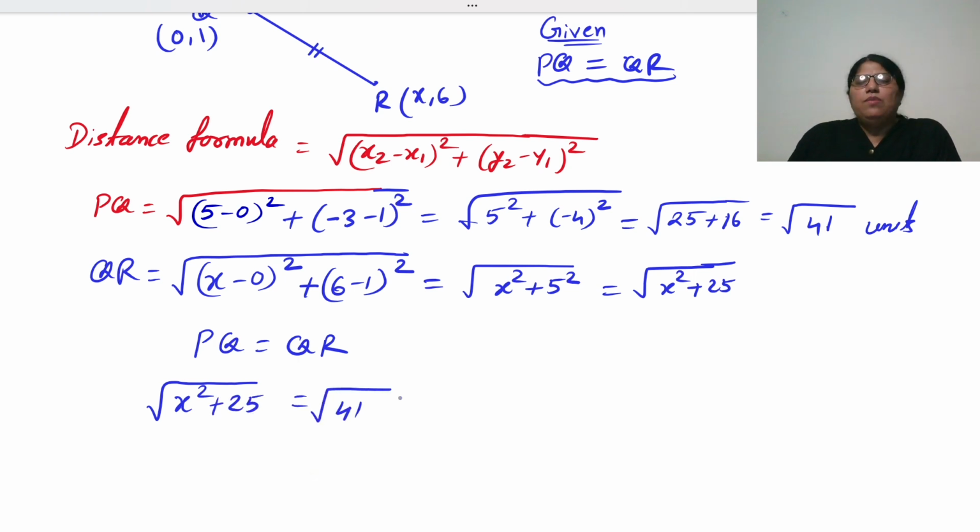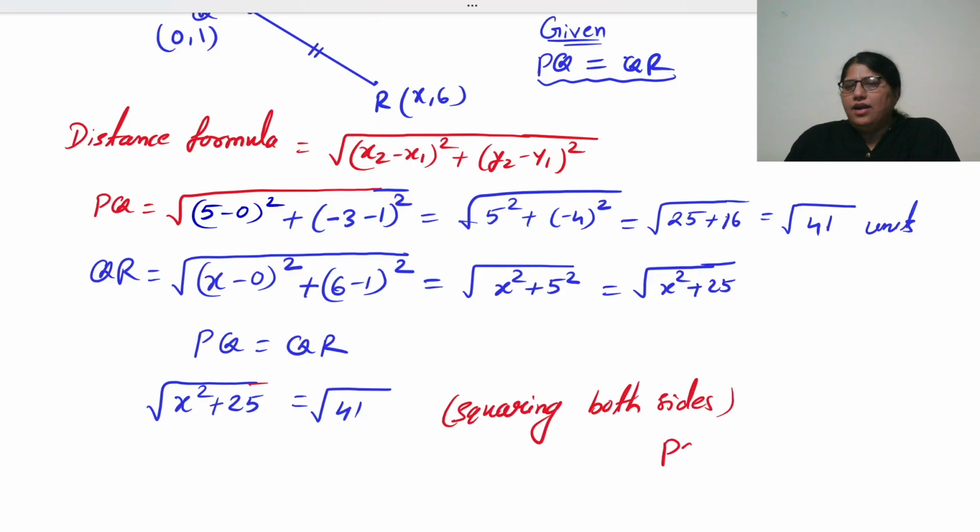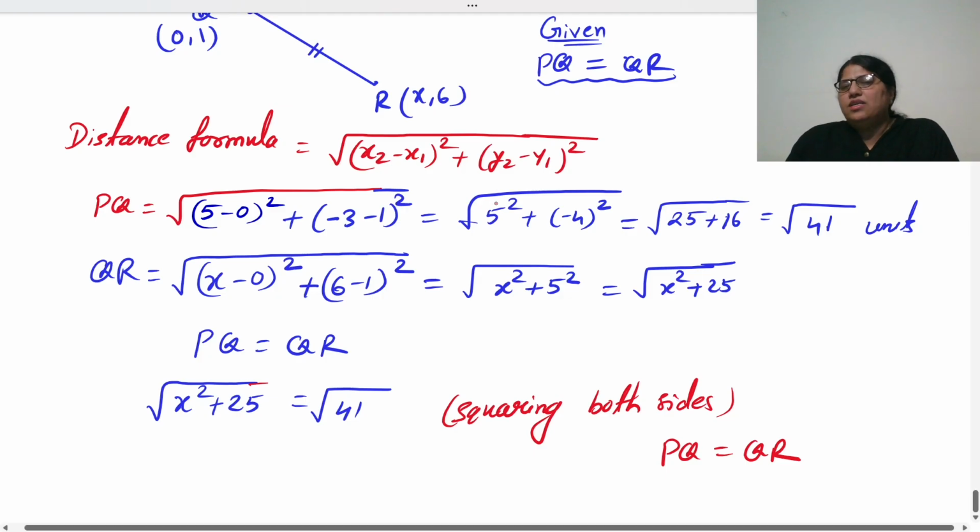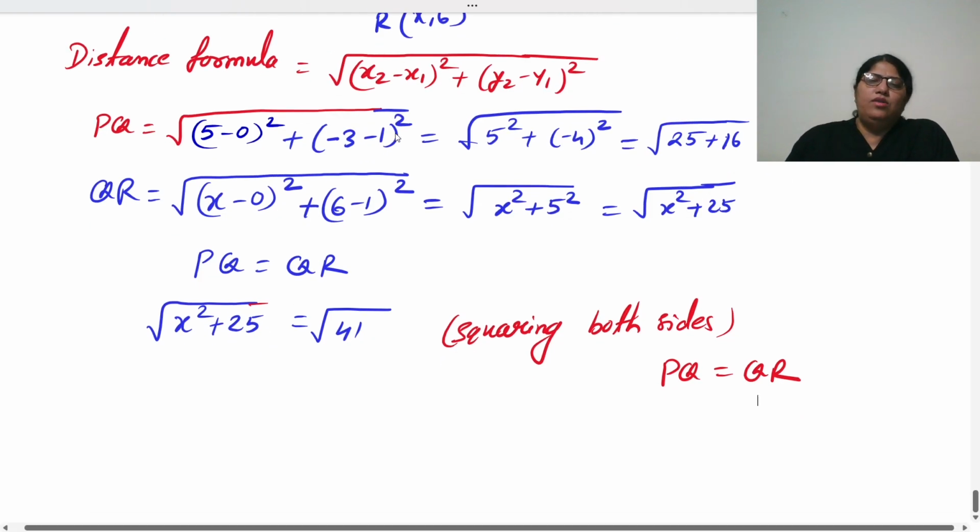Now you see both the values are in square root, right? We have to get rid of the square root, otherwise we won't be able to solve the question. So how can we remove the square root? You will write squaring both sides. Whenever you start writing PQ equals QR, any of these kinds of equations will always give you an under-root value.